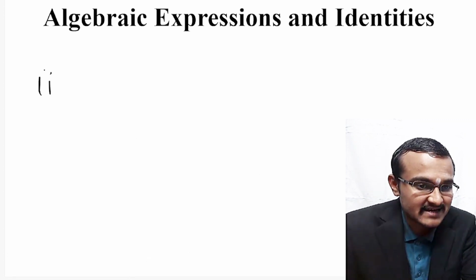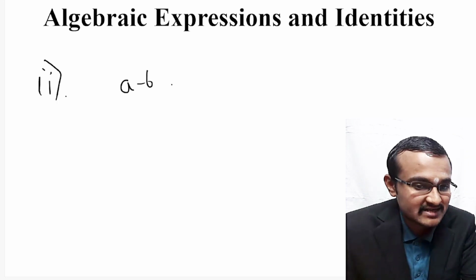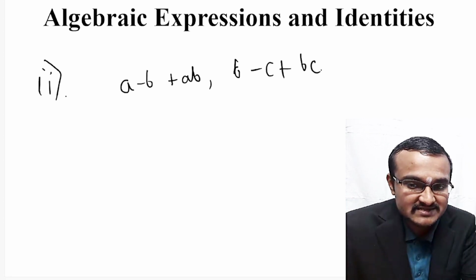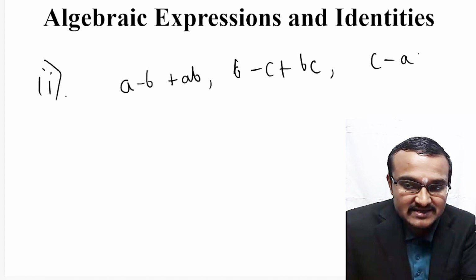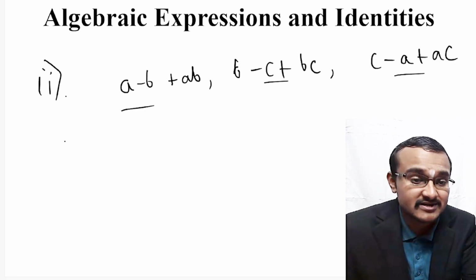So coming to the second question, in this particular question, you have A minus B plus AB as one term, B minus C plus BC as the second term, C minus A plus AC as the third term. So we'll add all these three terms.